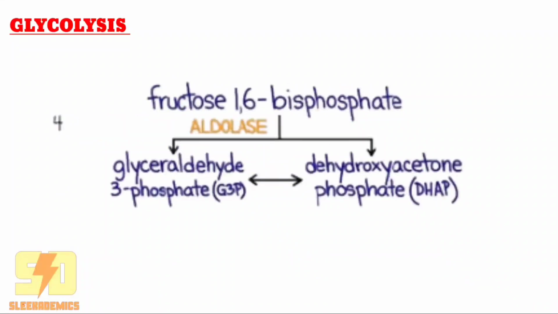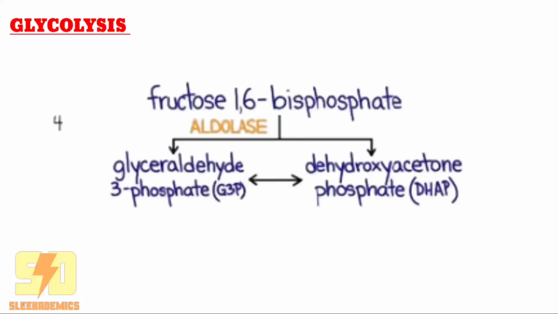Now, fructose 1,6 bisphosphate, a 6-carbon molecule which is unstable, can now be divided into 2 equal halves of 3-carbon molecules by an enzyme known as aldolase, and it will give rise to a 3-carbon molecule known as glyceraldehyde 3-phosphate and the hydroxyacetone phosphate.